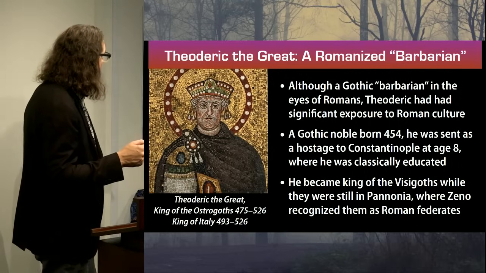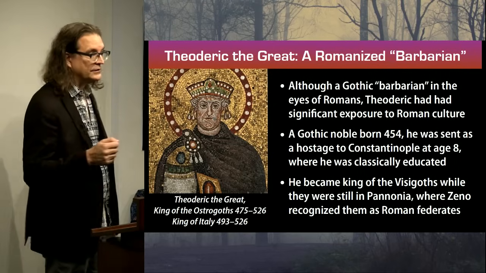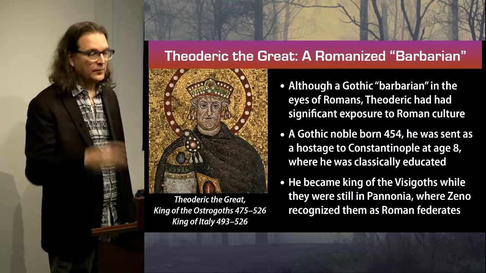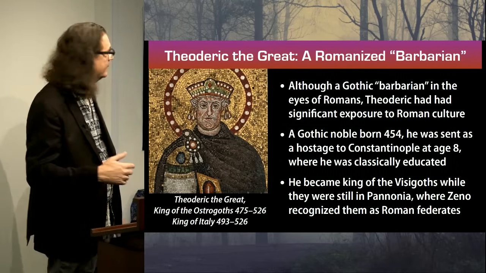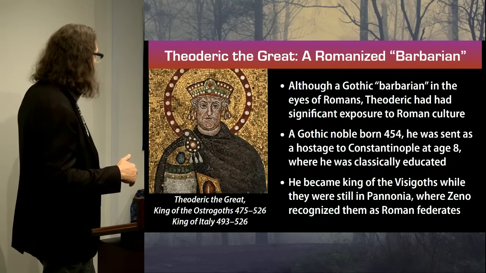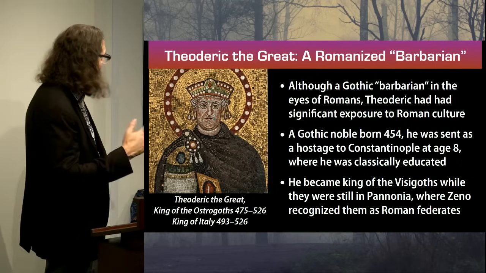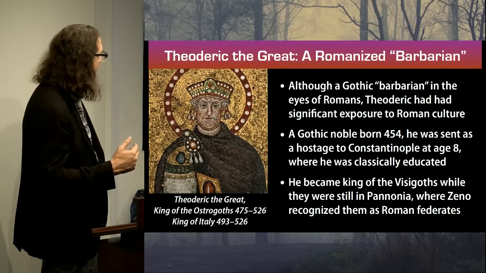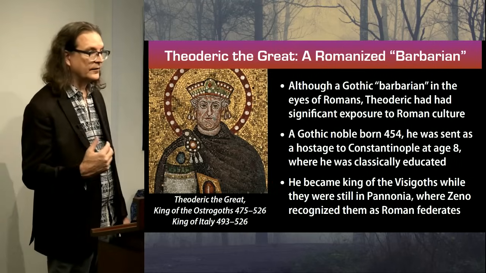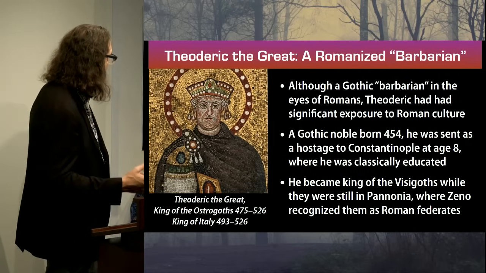Anyway, while he's there, though, growing up, he's quite classically educated, and so he's able to learn Greek and Latin and read and write, and also do arithmetic. So anyway, he's not your average barbarian, although he also is trained as a Germanic warrior, which he continues to be.